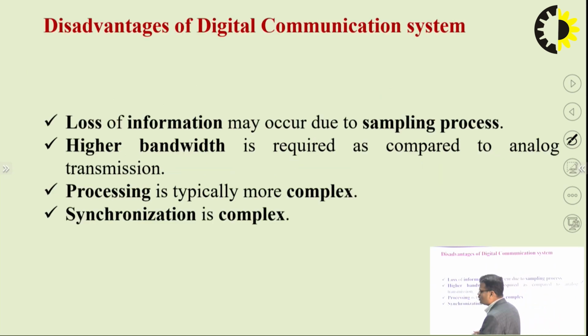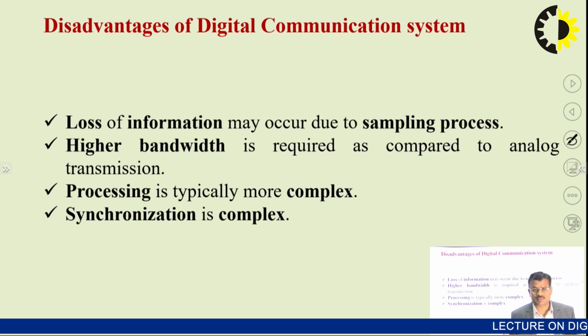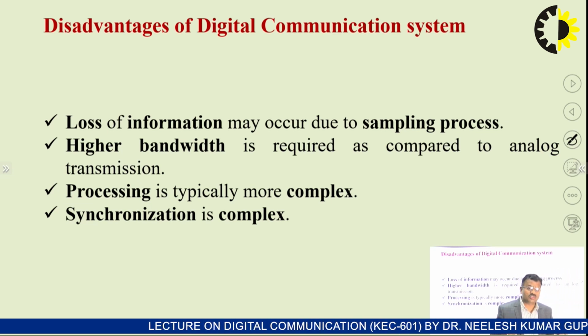Now, there are also some limitations of digital communication. Loss of information may occur due to the sampling process. During sampling, there is a chance of loss of information. You need higher bandwidth here. Processing is more complex because you want to design a more reliable, feasible, noise free system.